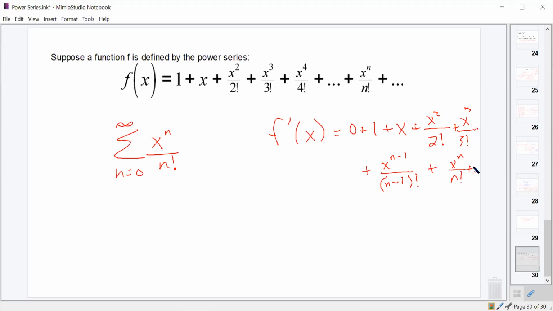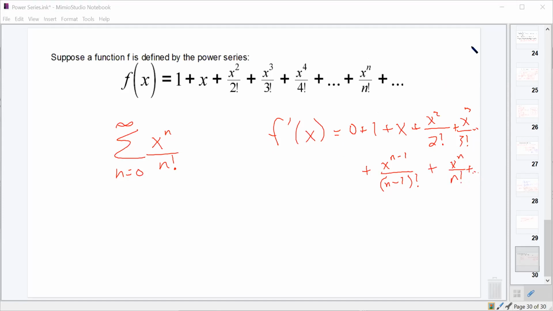What do we notice? You should notice something very cool and interesting. Yeah, it's the same, but it's shifted over slightly, right?